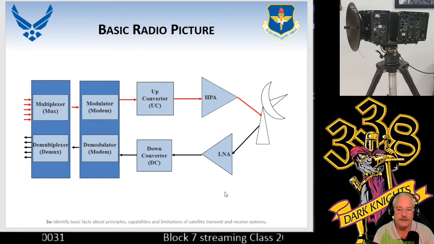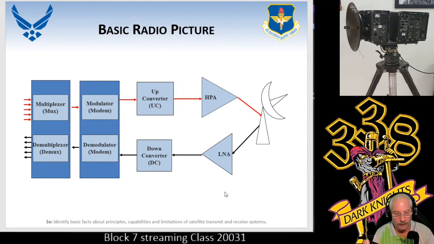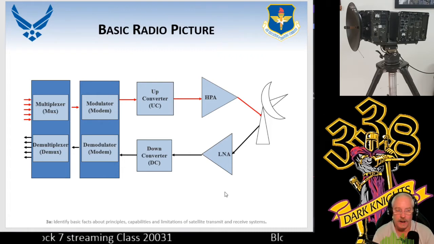I've not seen any, since I've been working this, that has anything different than FM. I can be wrong, but I've never seen one not do FM. So we take the aggregate coming out of the multiplexer, we modulate it, we up convert it from IF to RF, and then RF gets amplified and then out the antenna.